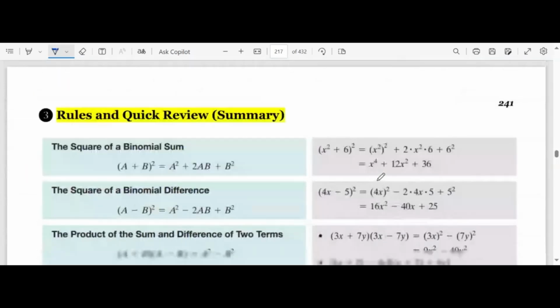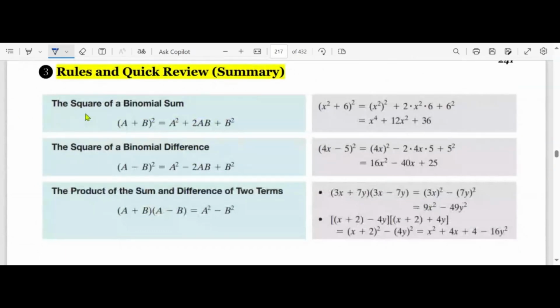Now let's go for the rules. Here I have the first rule. It says the square of a binomial sum. So here I have a plus b all squared. You square the first, square the last, multiply the first times the second times 2.